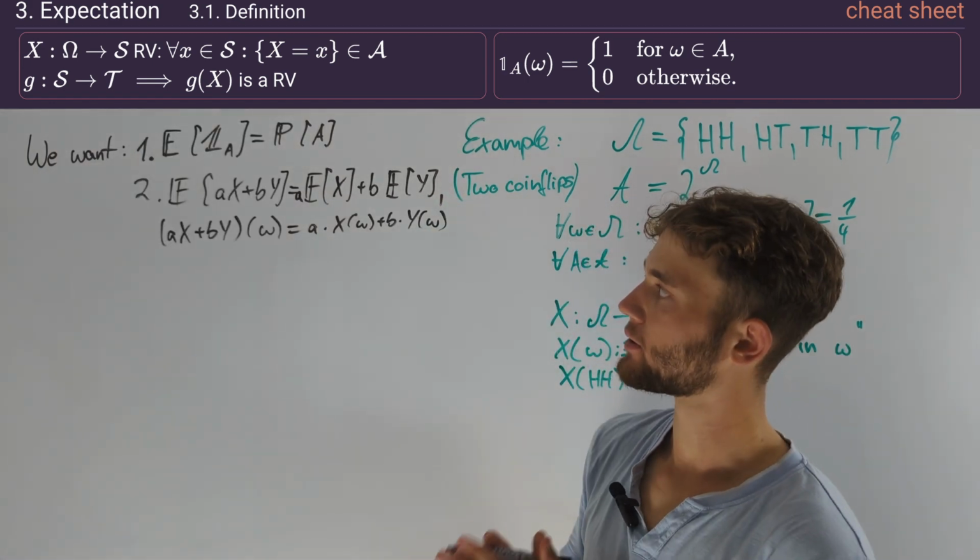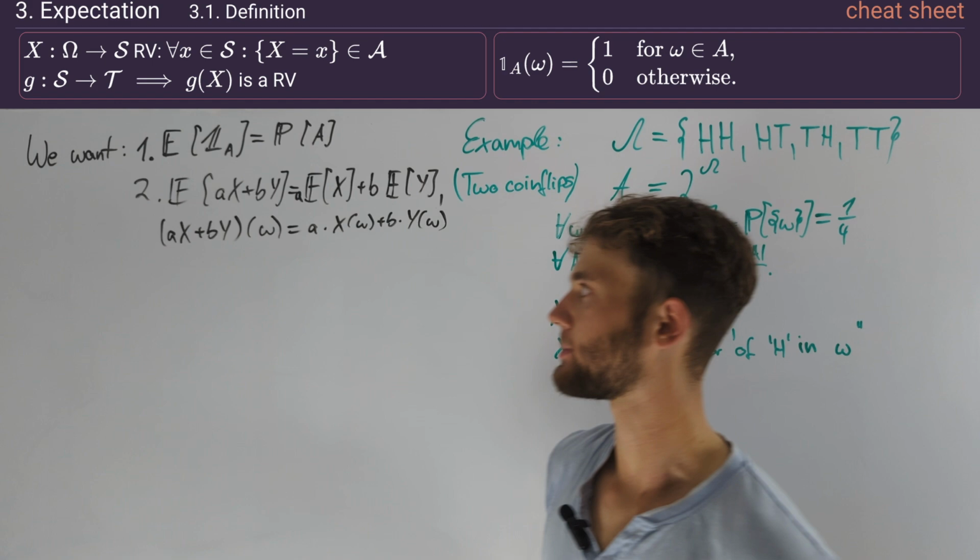Since we are working with discrete random variables, this indeed defines the expectation.